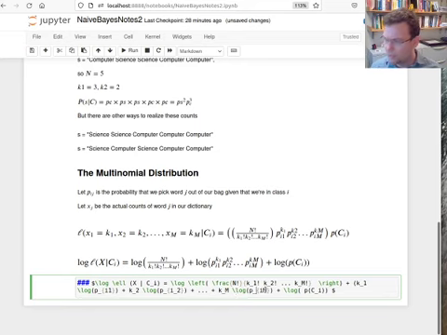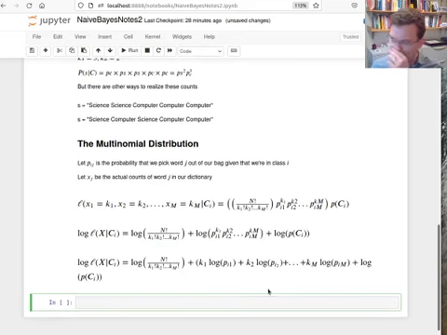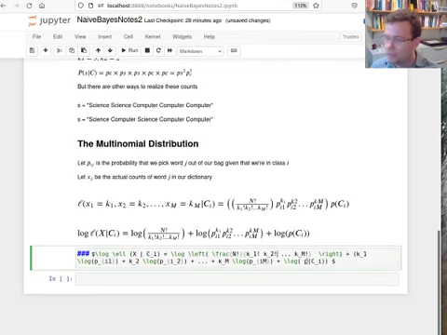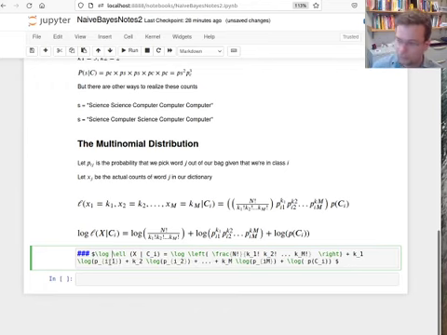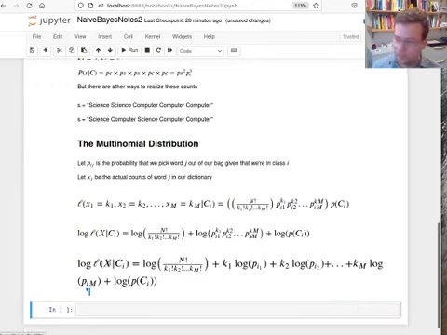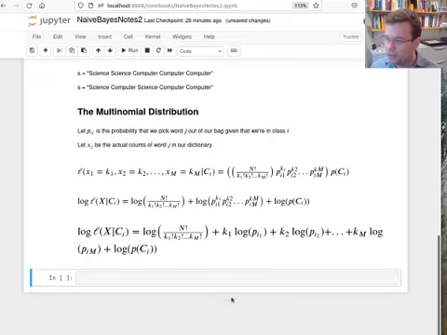So what's interesting is I've actually turned this into a linear equation. So it's k1 log pi1, and so on. Anyway, so that's kind of neat.